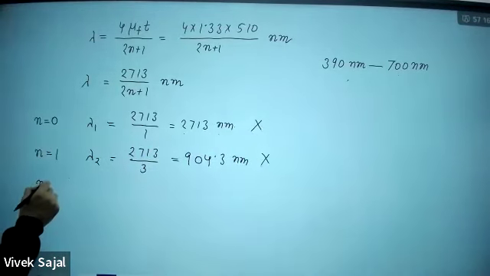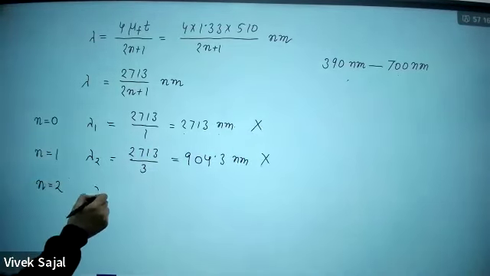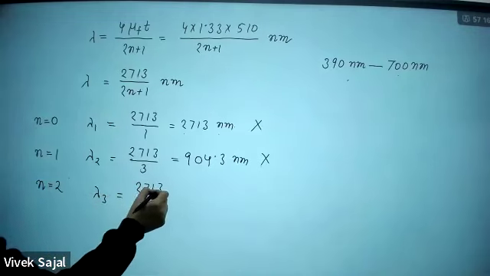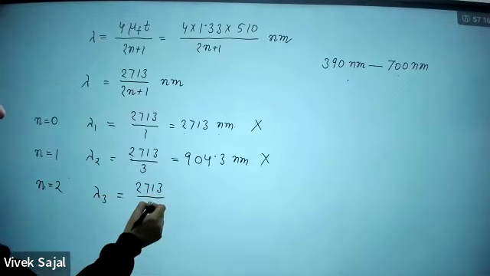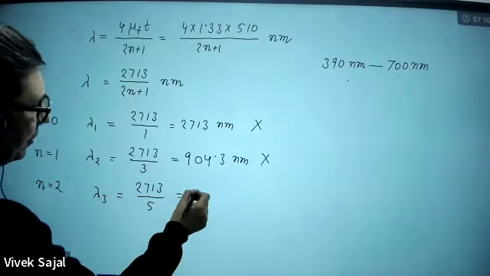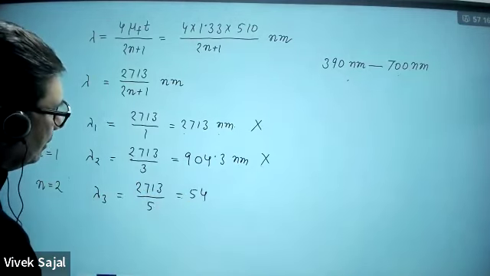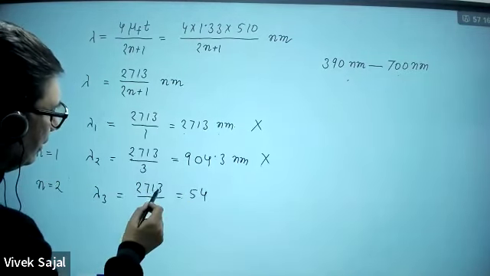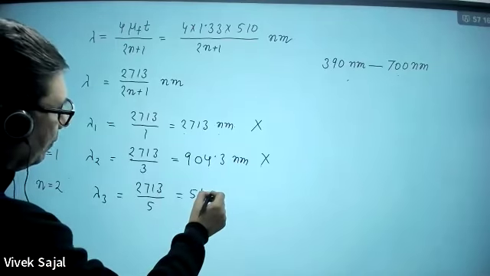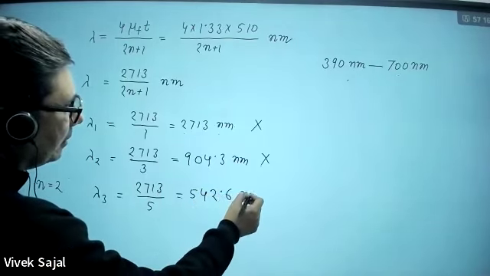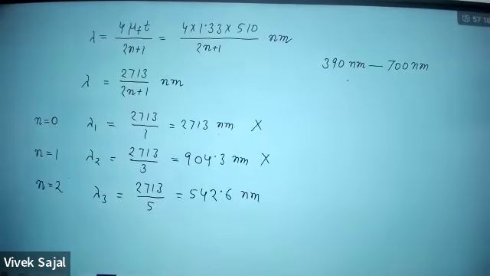Now next will be n equal to 2. So what will be lambda 3? 2713 divided by 5. 5 5s are 25, 5 4s are 20, and this will be 13, 5 2s are 10, and this is 542 nanometer. This is within my range.